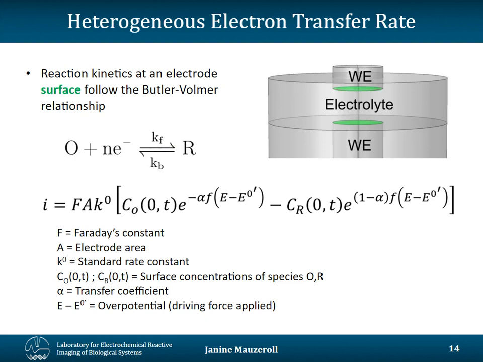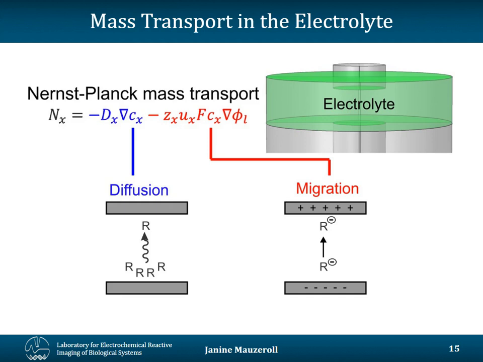So they'll use this expression in order to understand the electron transfer rate that's occurring. And then to understand how species are moving in solution, well, they'll be using relationships like the Nernst-Planck mass transport. And here you see on the right-hand side that the electrolyte is green, highlighting that the species are moving in this electrolyte, in this case, either through diffusion or through migration.